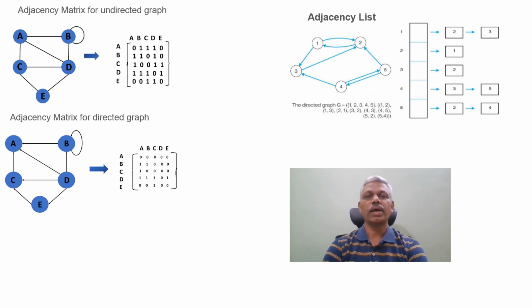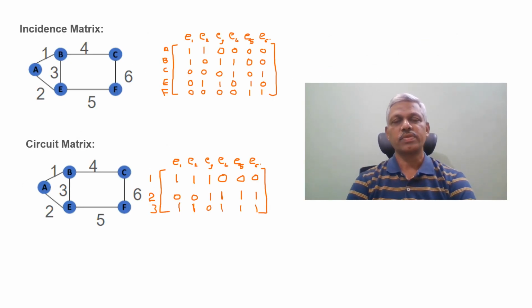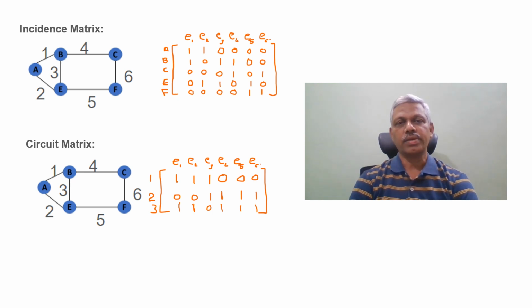In this case, in the array we store the memory addresses of the next nodes. Two more representations are there in terms of incidence matrix and circuit matrix. In case of incidence matrix, the set of vertices will be taken as rows and the set of edges will be taken as columns. And we'll put 1 if a vertex is incident with respect to an edge.